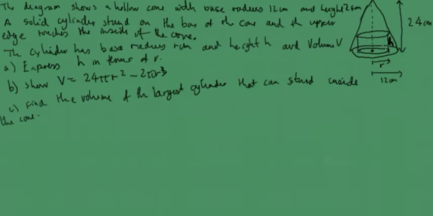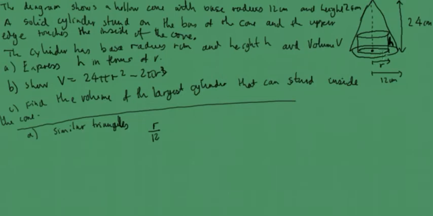So what we're going to use here is similar triangles. So remember, with similar triangles, there is a scale factor. So the radius of the cylinder is r, and the radius of the cone is 12. So r over 12 will be the scale factor for similar triangles.